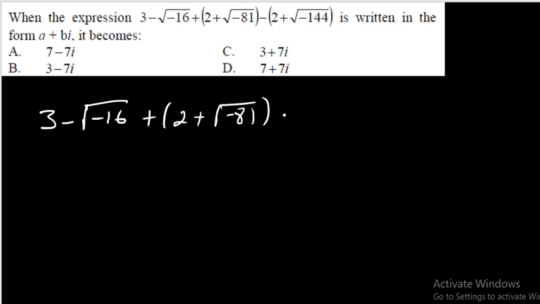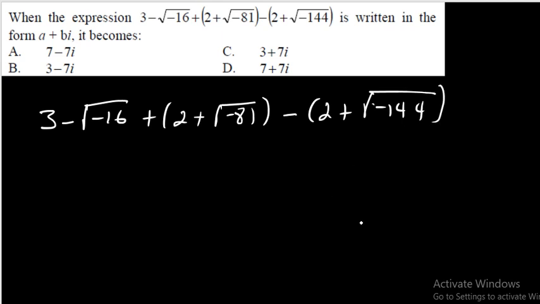The next one: when the expression is simplified and written in the standard form of a complex number, 3 minus square root of negative 16 plus, in brackets, 2 plus square root of negative 81, close the bracket, minus 2 plus square root of negative 144.